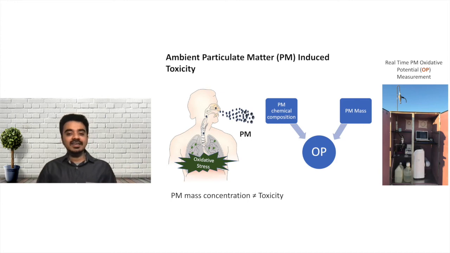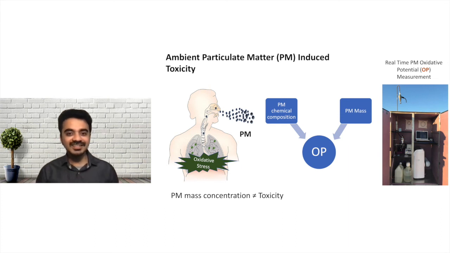An example I can give is that at a particular site, I found that one industry contributed less than 5% of the total PM mass at that location, but that same industry accounted for more than 20% of OP.